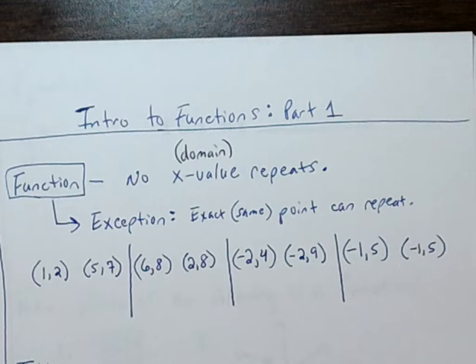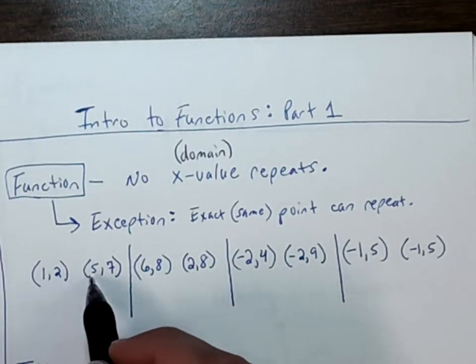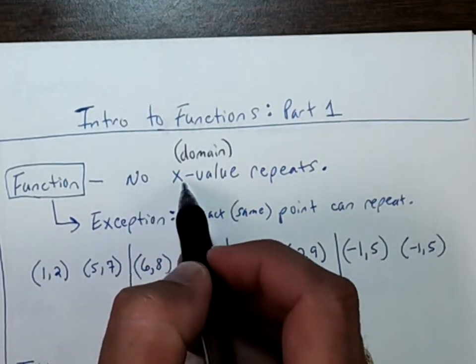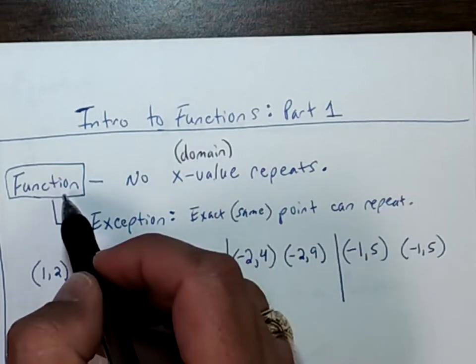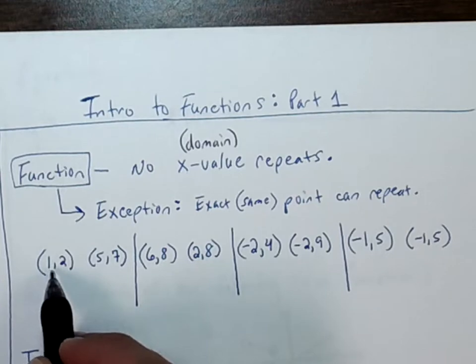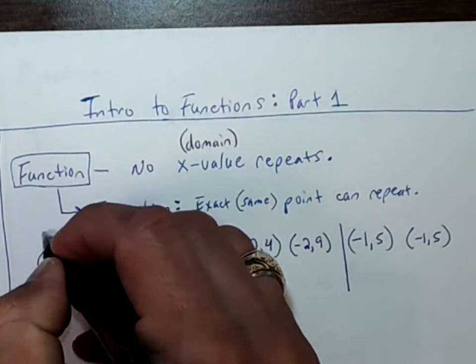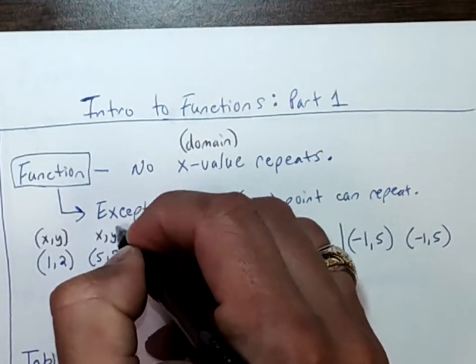Okay, so we want to determine what is a function and what's not a function. Yes, that is. No, that's not. Let's take a look at these two points. What we're looking for is, if no x value repeats, then yes, it's a function. So let's take a look. Points are written as x, comma, y.